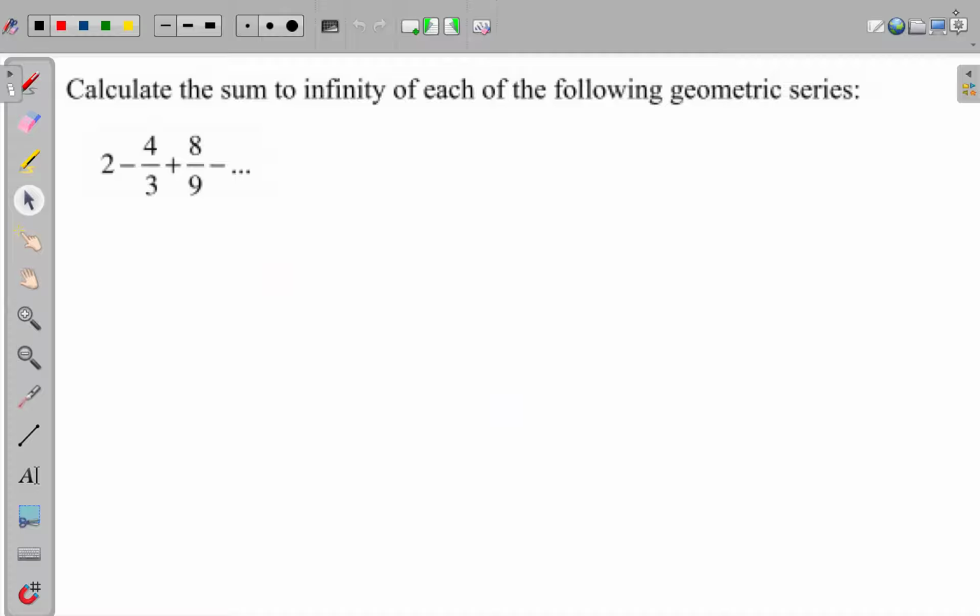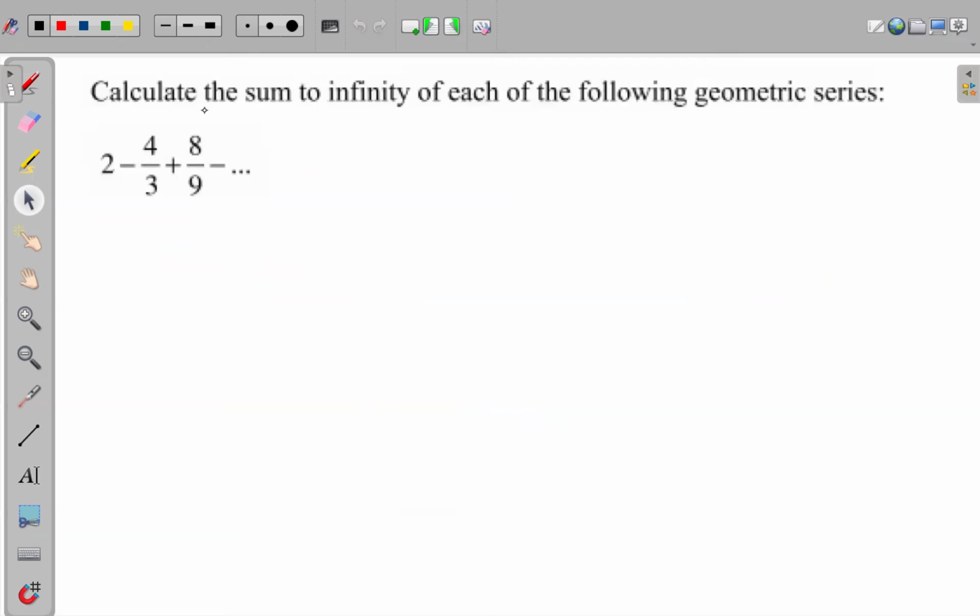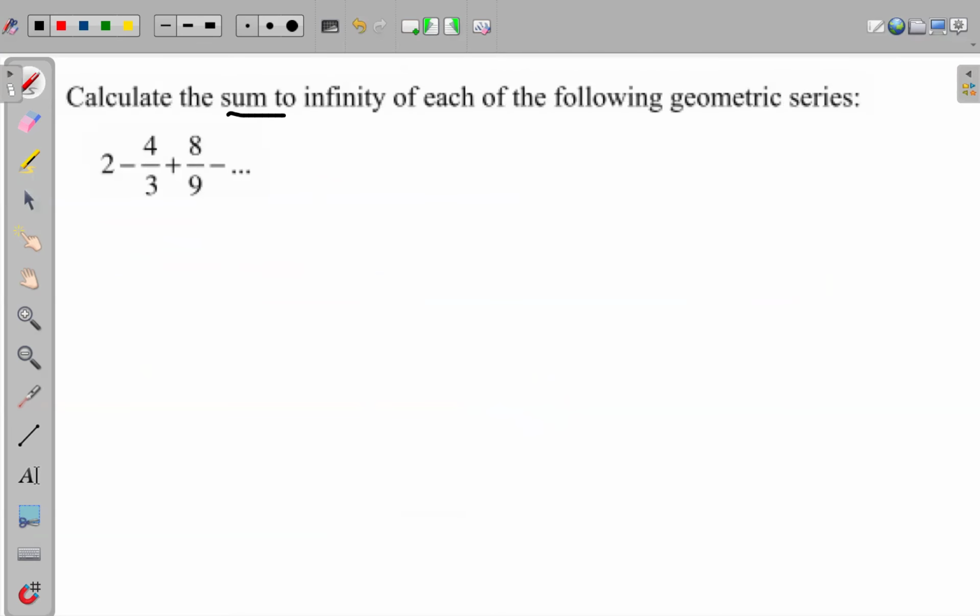The first example here on the sum to infinity is basically requiring us to calculate that sum, and this is a geometric series. So we know the formula says S infinity, or the sum to infinity, is equal to A over 1 minus R. Now let's check if indeed R is between -1 and 1.